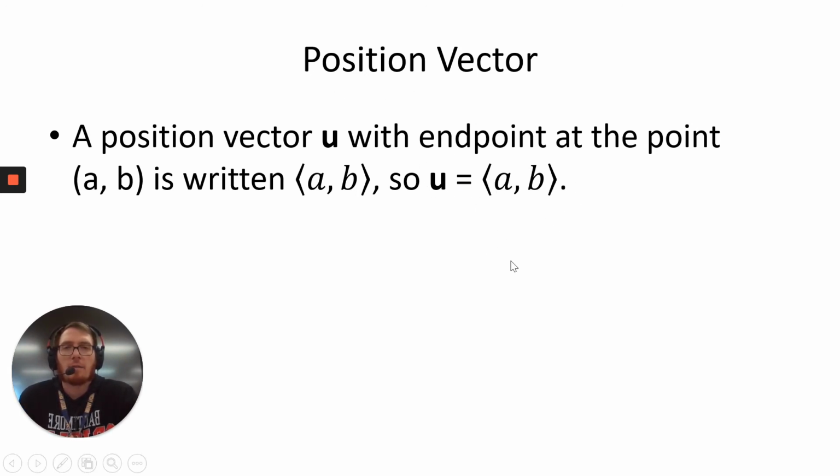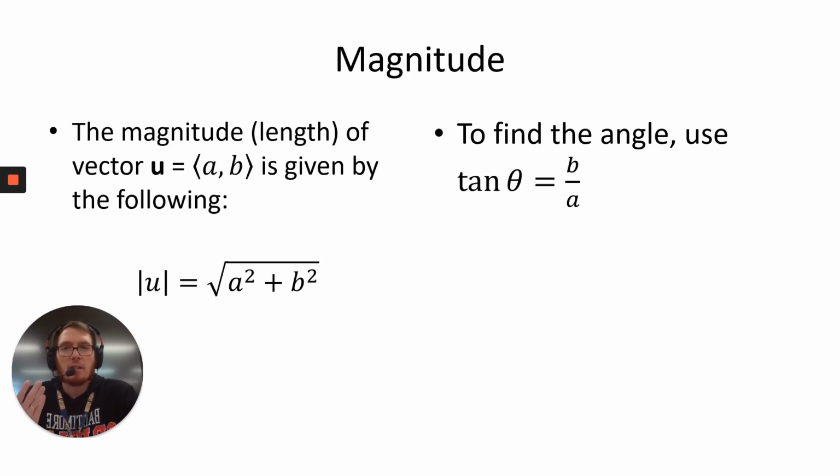Really all we're looking at here is finding things like the magnitude and things with angles. The magnitude or length of a vector is denoted like absolute value, with two lines around the vector. It's found by taking the square root of a squared plus b squared.